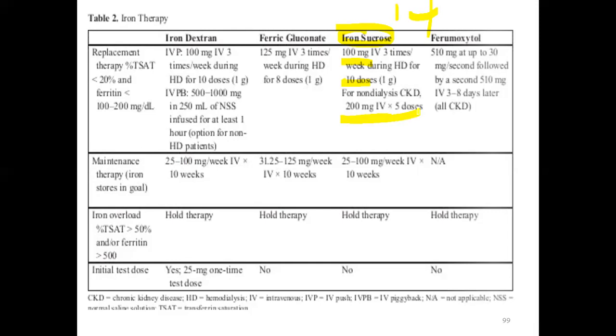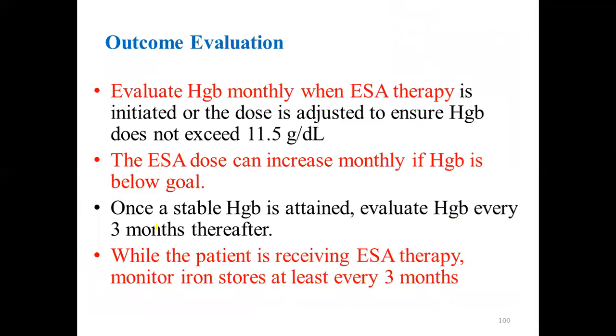But if the transferrin saturation is above 50% and ferritin level is above 500 nanogram, you need to hold the therapy. That is the recommendation. Of all IV iron preparations, with iron dextran the possibility of anaphylactic reaction is very high, and there is a need for test dose administration.